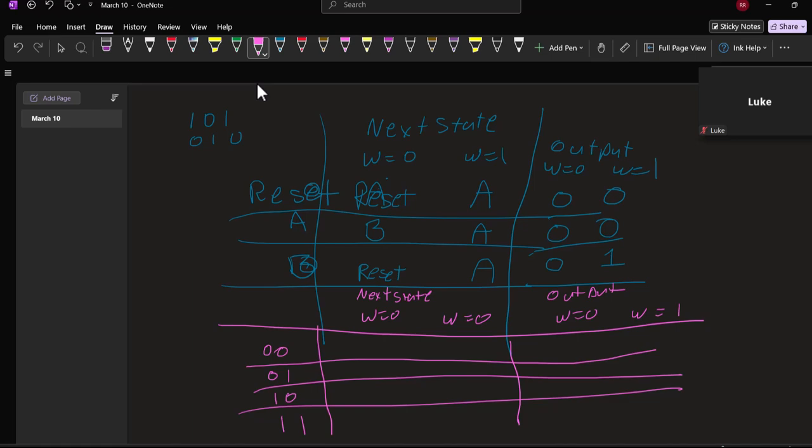So 0, 0 corresponds to our reset. A is 0, 1. B is 1, 0. Our outputs were already numbers, so we can just leave those. And for our fourth state, we have don't cares.